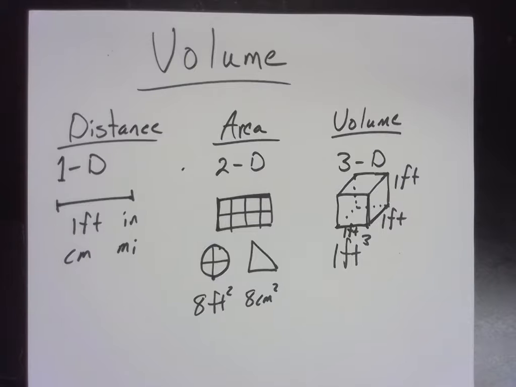You guys might call it a box, right? But there you go, cubic foot. Its dimensions are 1 foot by 1 foot by 1 foot. It's 3-dimensional. So it has width, it has height, and it has depth. So we have those 3 dimensions. So this is a cubic foot.